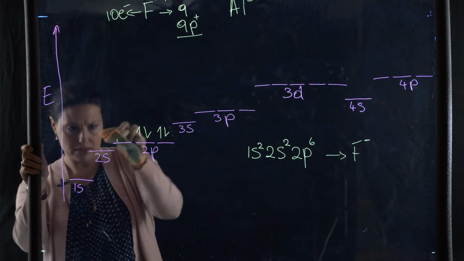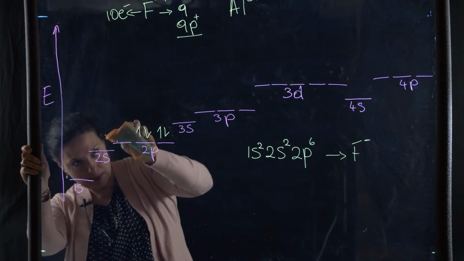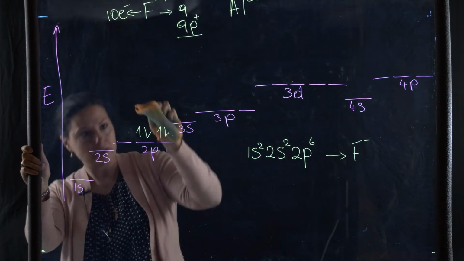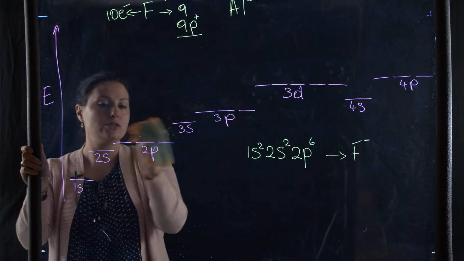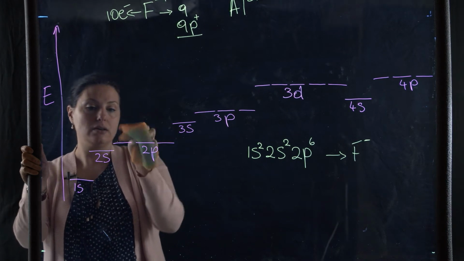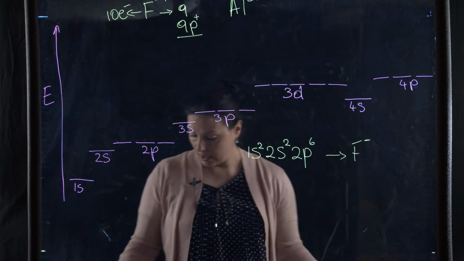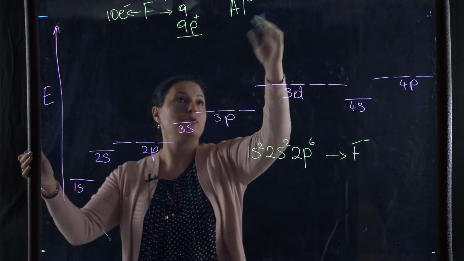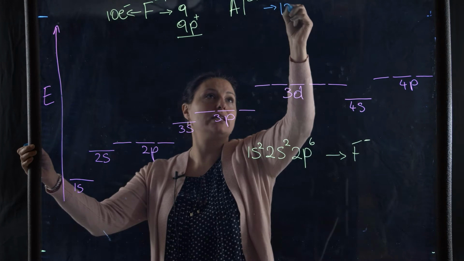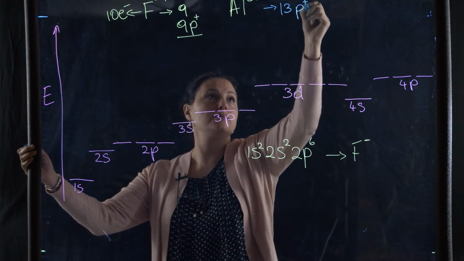Aluminum is element, if you look it up in the periodic table, you will see that it is element number 13. Okay, so if I were to look at just the atom, number 13 tells me it has 13 protons.